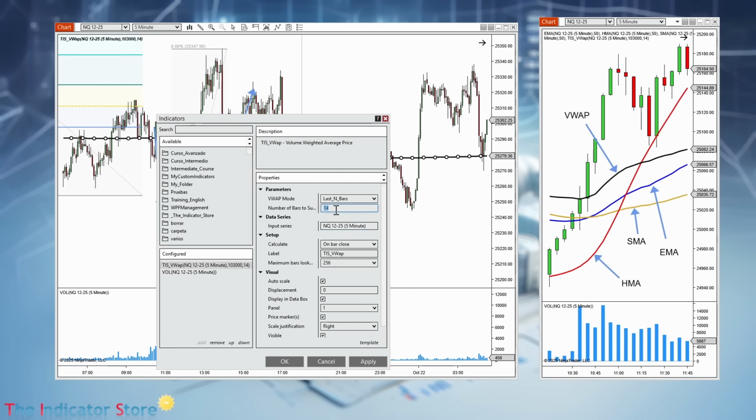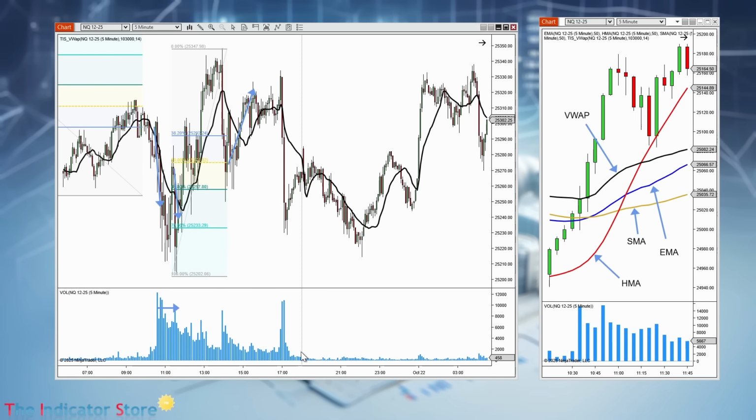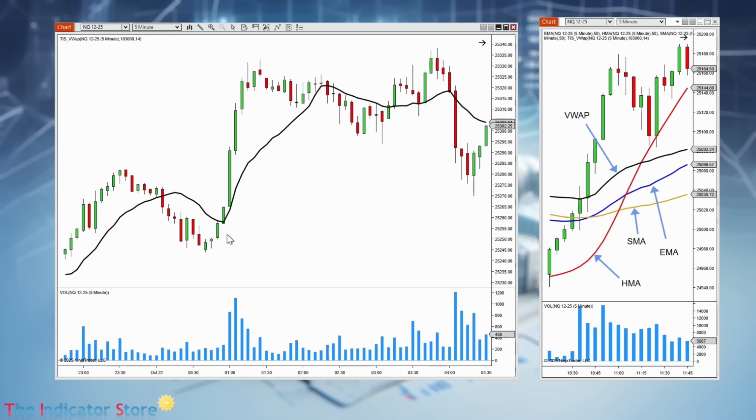Example, if we look at 14, for example, it means that each value is the sum of the volume multiplied by the price of the last 14 bars and then divided by 14. So it is the average weighted by volume, but not from the day session or from a fixed point. No, from n bars into the past.